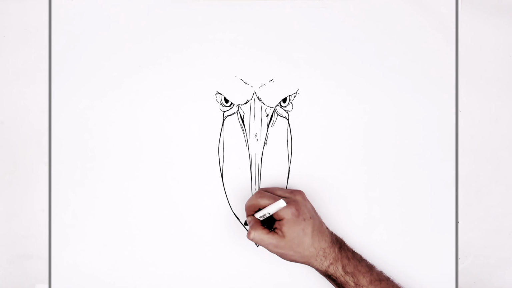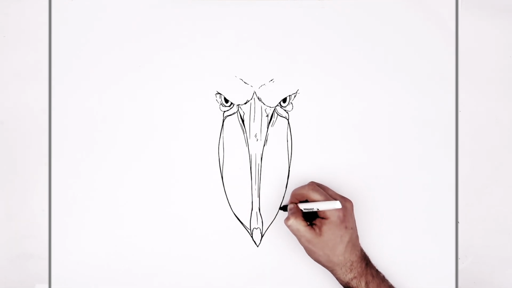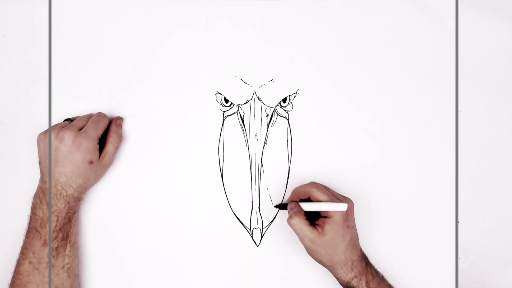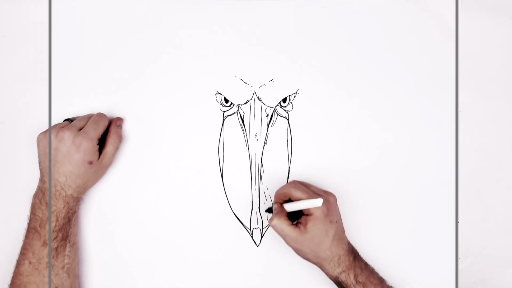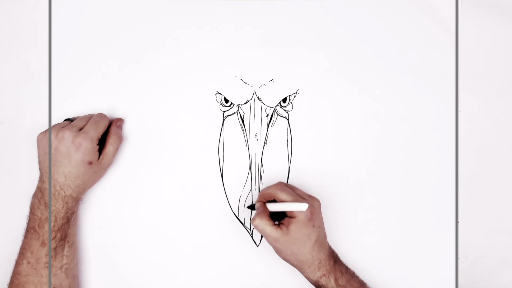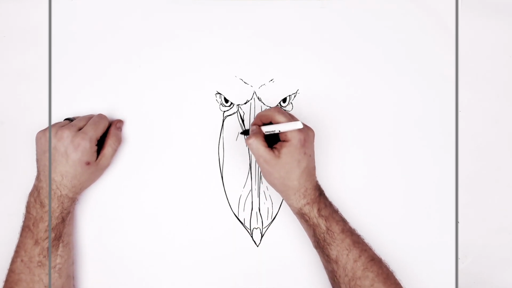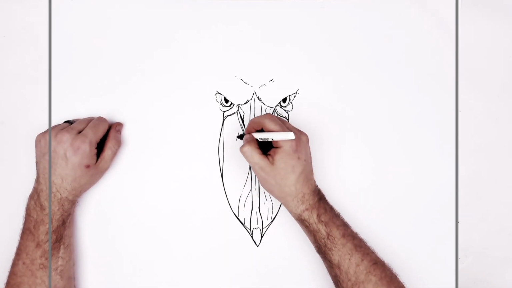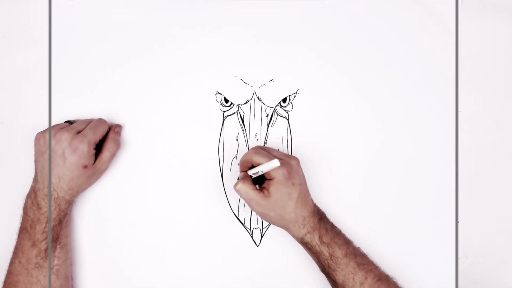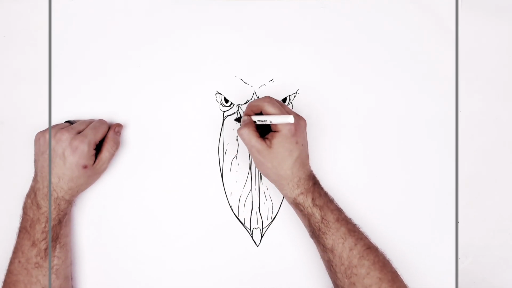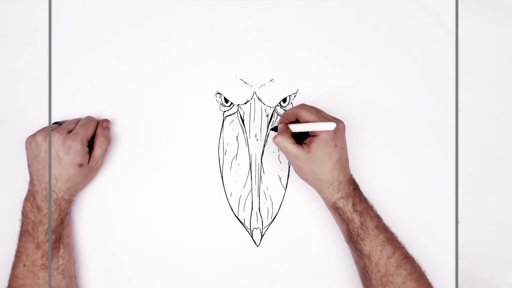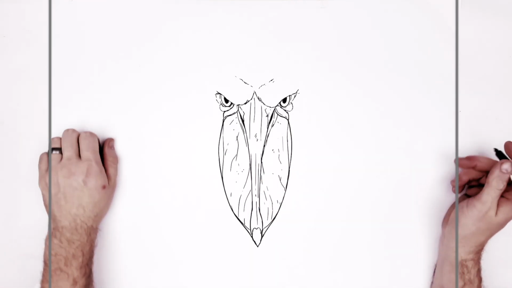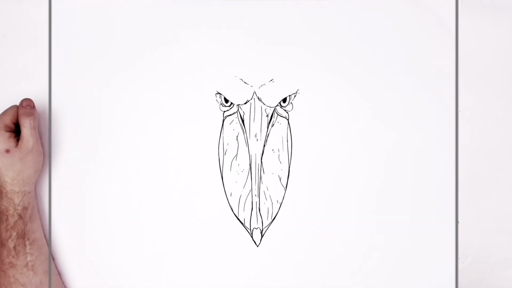And this might be where his bottom and top meet. And there's some texture going this way, just showing the direction of his beak. And you can make this as dark or as light as you want in terms of how much texture you put on it. So I think I'll leave it there.